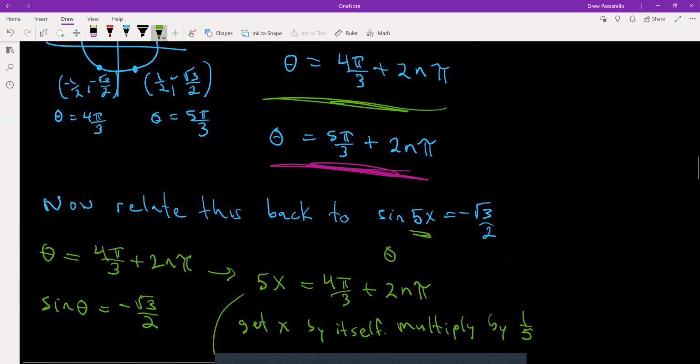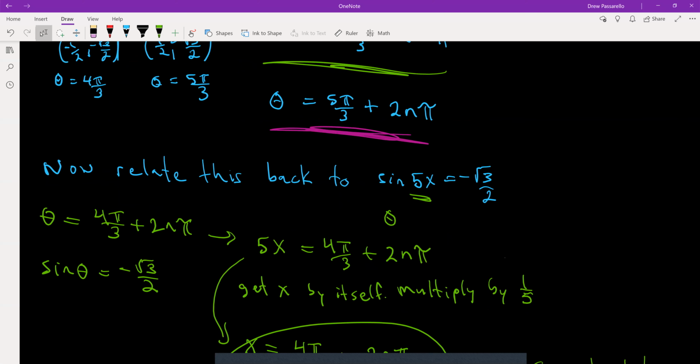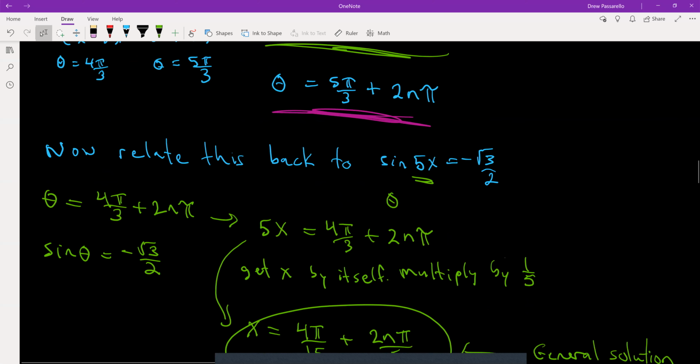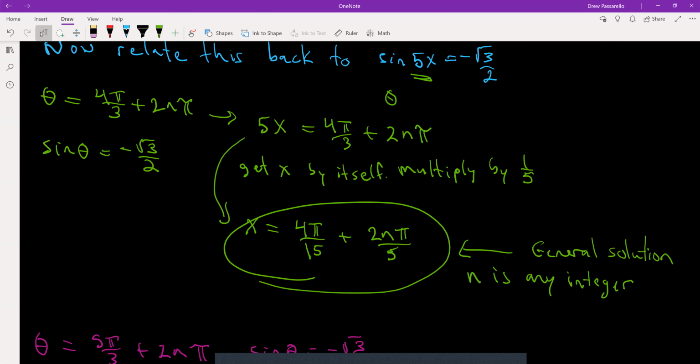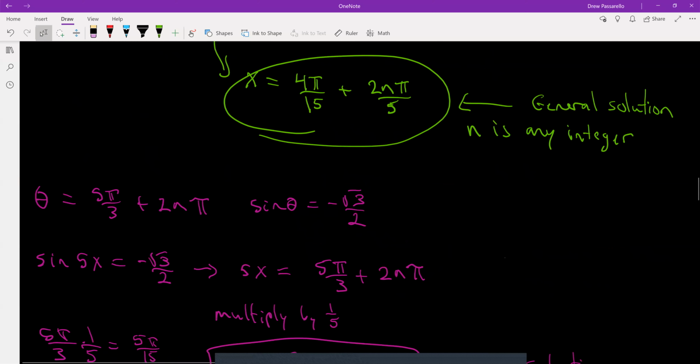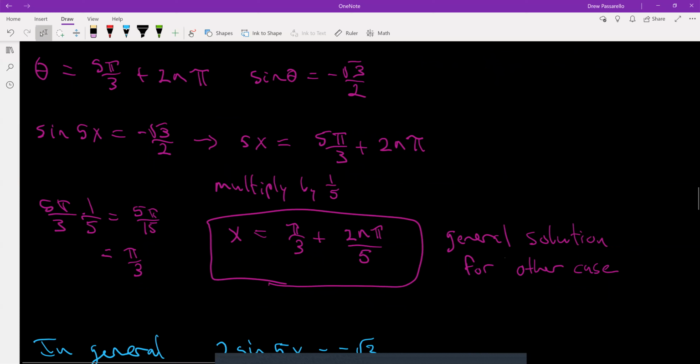Now I relate it back to the problem where it had 5x, and I basically treated 5x as theta. And I got x by itself by multiplying by 1/5. So the first one gives me 4 pi over 15 plus 2n pi over 5. The second one gives me pi over 3 plus 2n pi over 5.